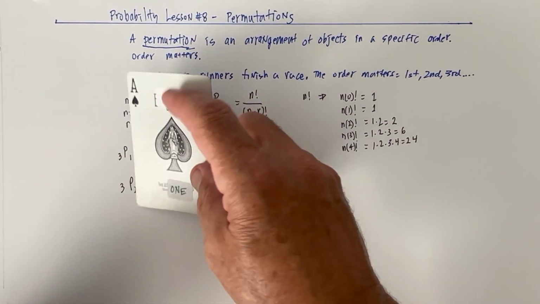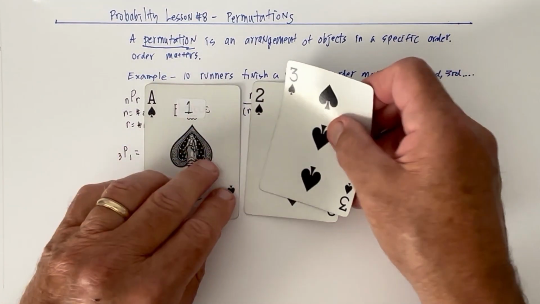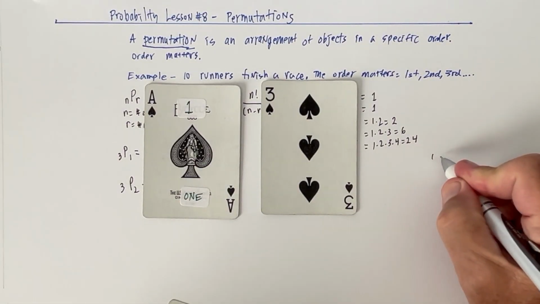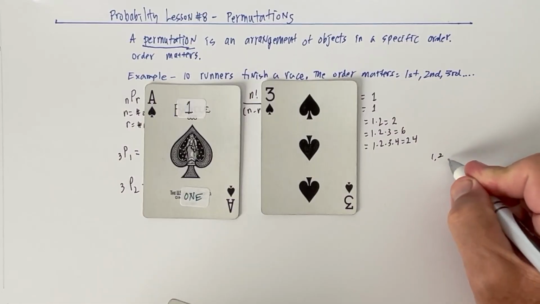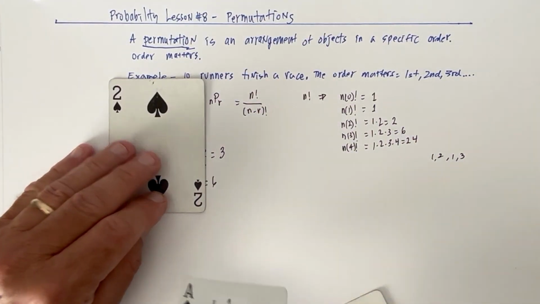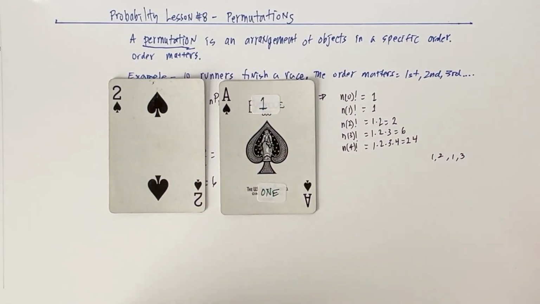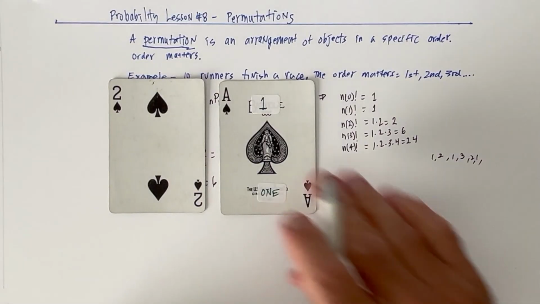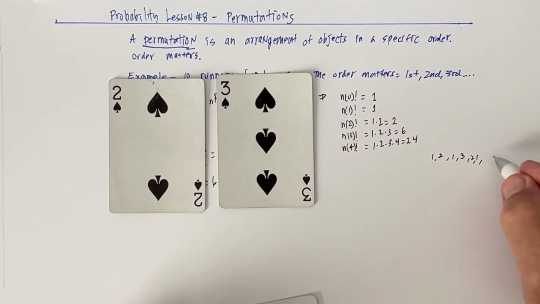So let's do this: 1, 2, 1, 3. Now let's put the 2 in front. So we've got 2, 1, and then 2, 3.